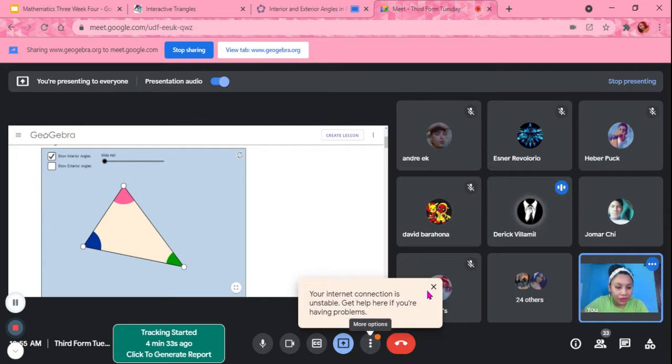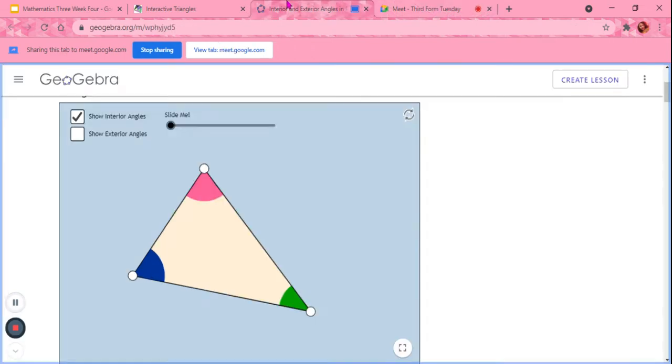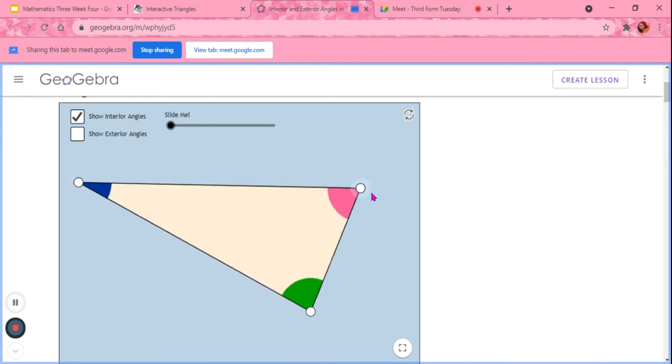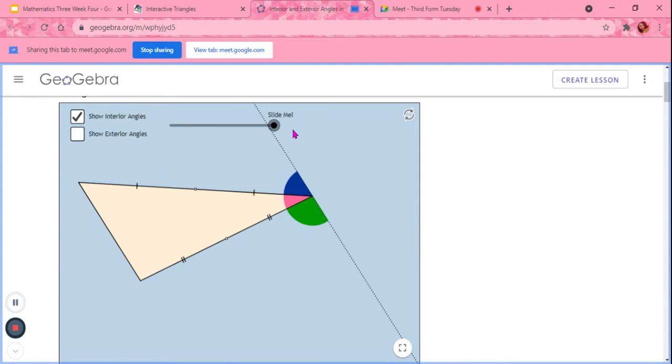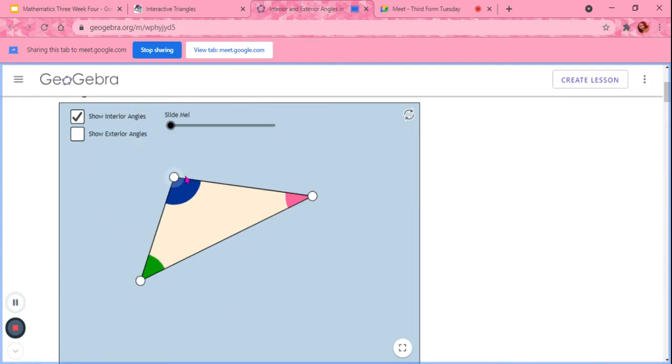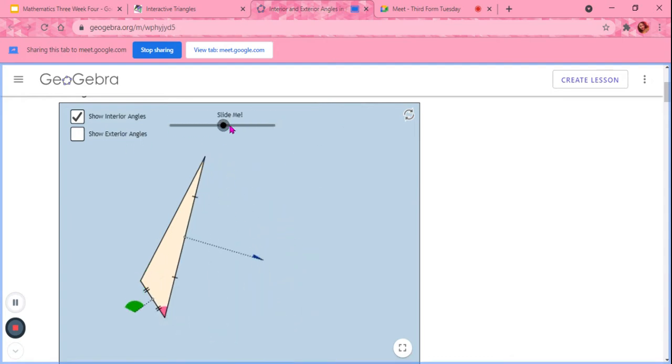Very good. Now, 180 adds up to a straight line, right? So I have three angles and all of them must add up to 180. And I could reshape my triangle into whatever different form, but my three angles inside of the triangle will always equal 180 degrees. So however my triangle looks, I will always need it to add to 180 degrees. So that is the first theorem.